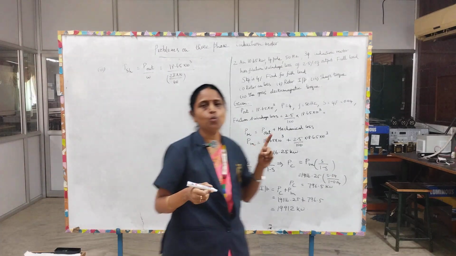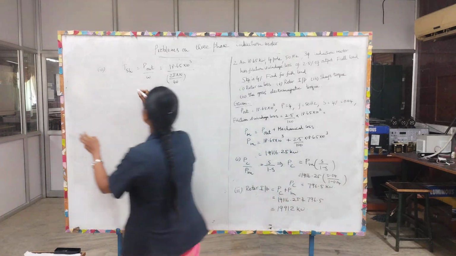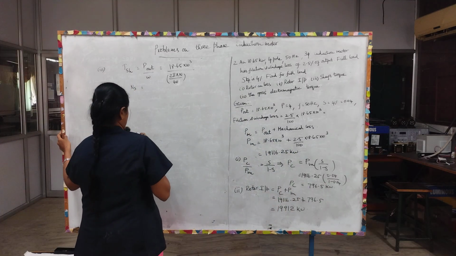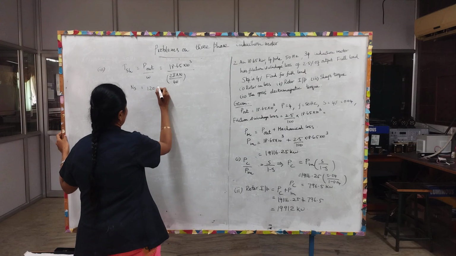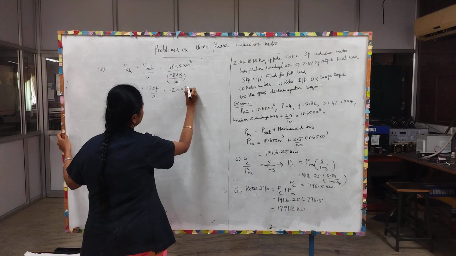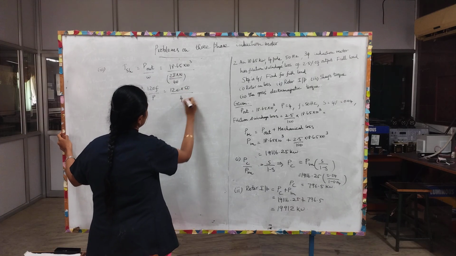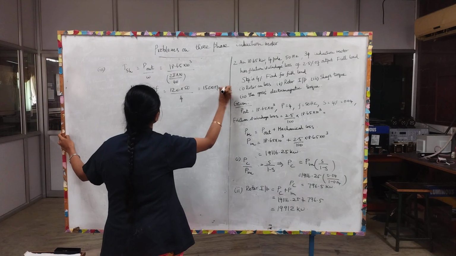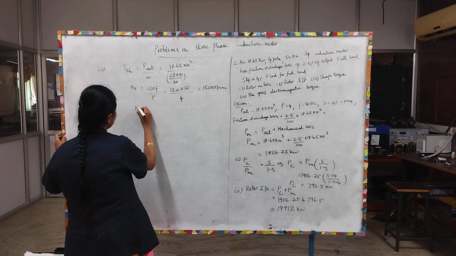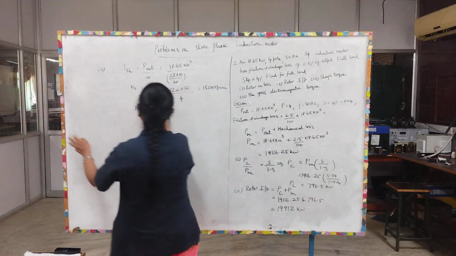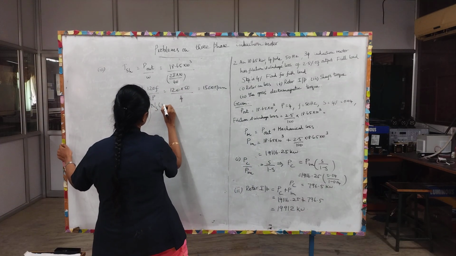Before that we should know what is ns, the synchronous speed. So ns equal to 120 f by p, so 120 into 50 divided by 4. So it is 1500 rpm. So ns we have calculated. So n, the actual speed of the rotor, is nothing but ns into 1 minus s.